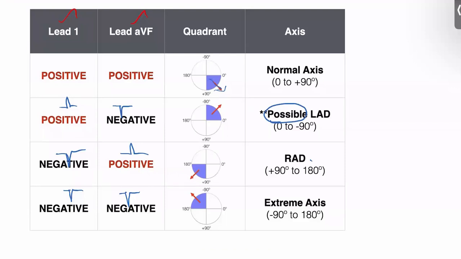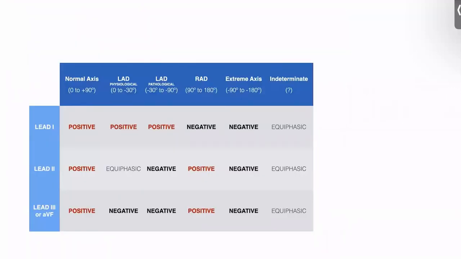So we use another method called 3-lead analysis. In 3-lead analysis, we add lead 2, apart from lead 1 and aVF. Everything else is the same.